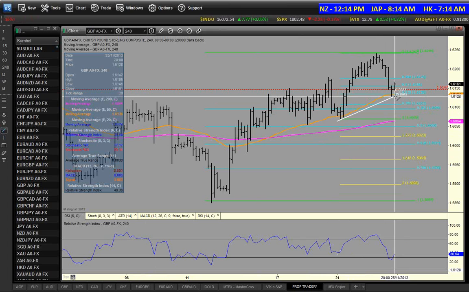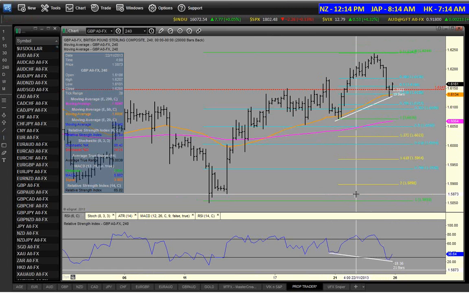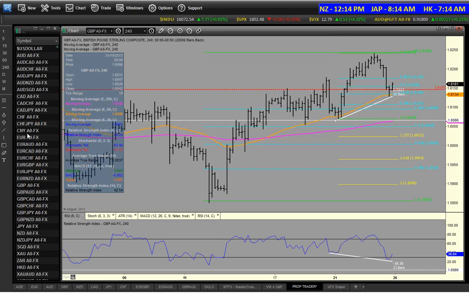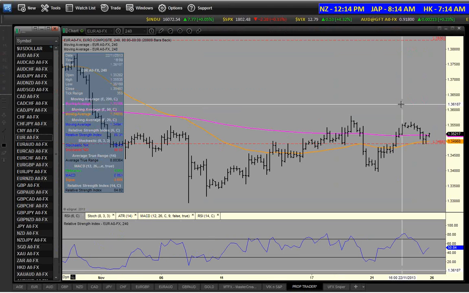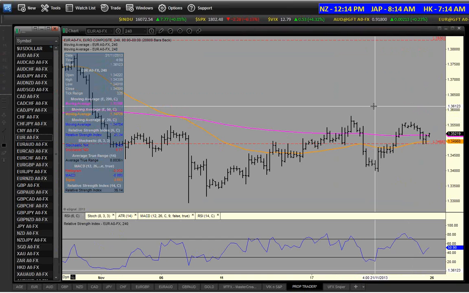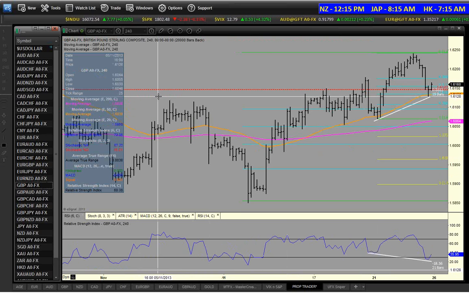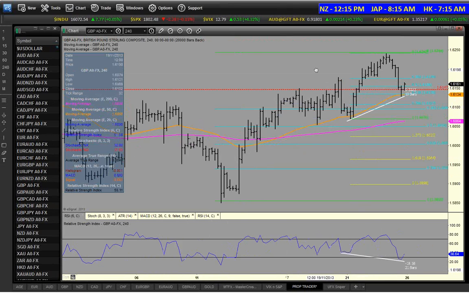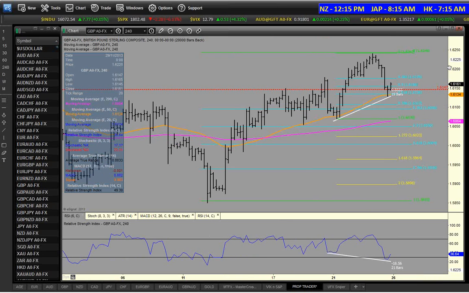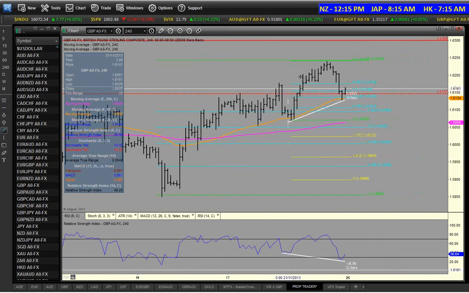Got divergence here. Bullish divergence. Does the euro have that? No, the euro doesn't. There you go. Well, I think the only problem with this is you're limited on the outside to 63, as everyone knows that that's going to get tested.